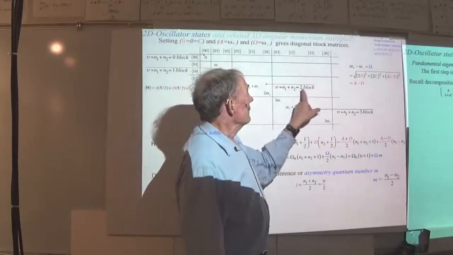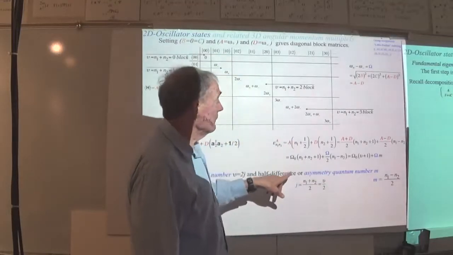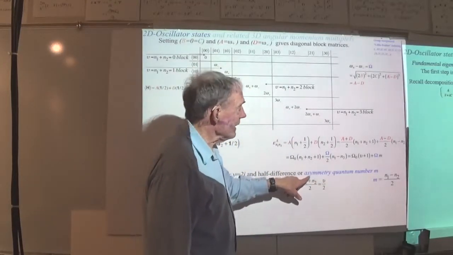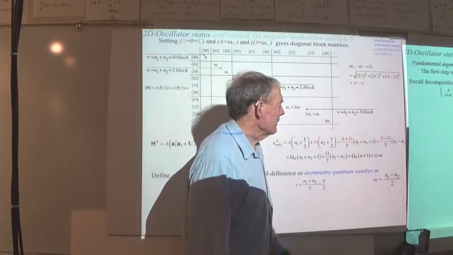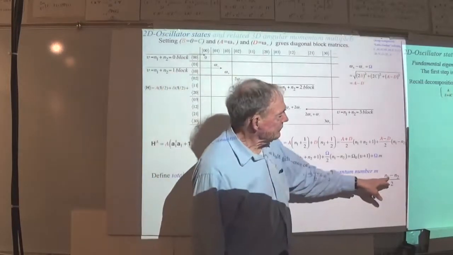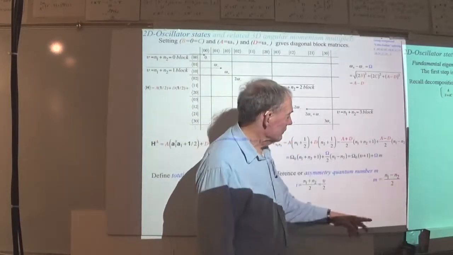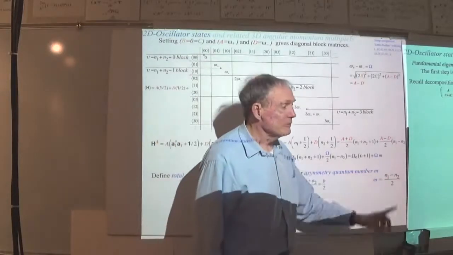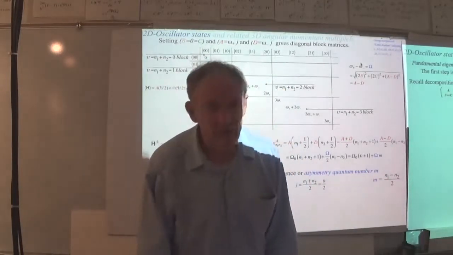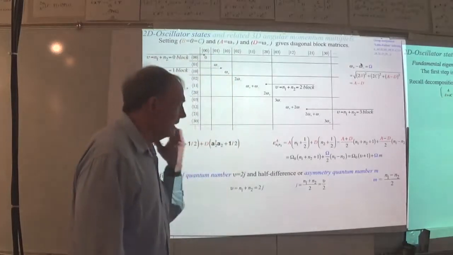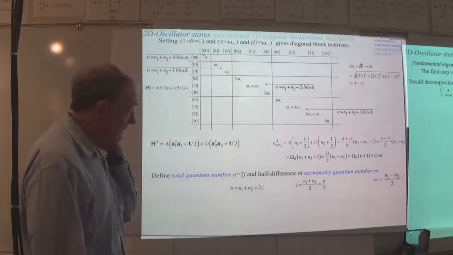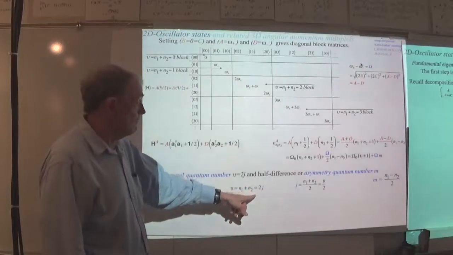The asymmetry quantum number, I guess, is the best way to write the M, because it's the difference between those 2 quantum numbers over 2. So simple sum, half sum, and then this is a definition, right? You're defining your J and M to be this way. Yes, absolutely. Defining it here.